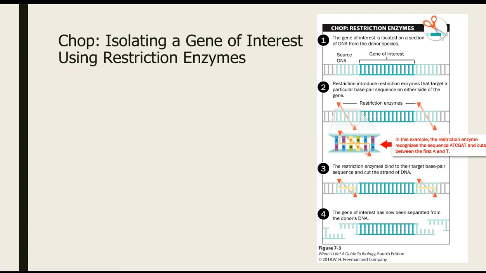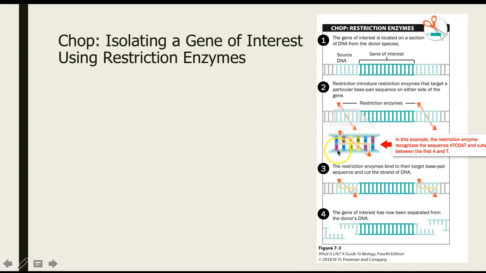But the way that we use this is that we cut at this recognition sequence right here. We do this little zigzag cut at this recognition sequence, and this recognition sequence is almost always a palindrome, which is read forwards and backwards the same.